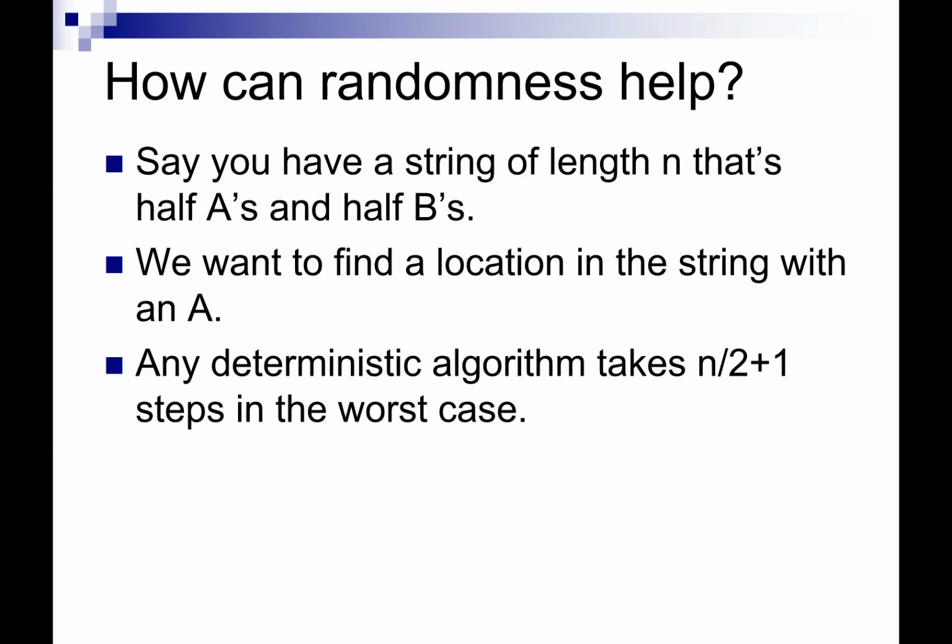We can force the algorithm's first location to be a B, and so we can predict what it is going to look at for the second location, and make that also be a B. Then the third location the algorithm looks at is simply a deterministic function of the first two locations it looked at. We can guarantee that both of those are B's, so we know the third location the algorithm will look at, and we can force that to be a B also.